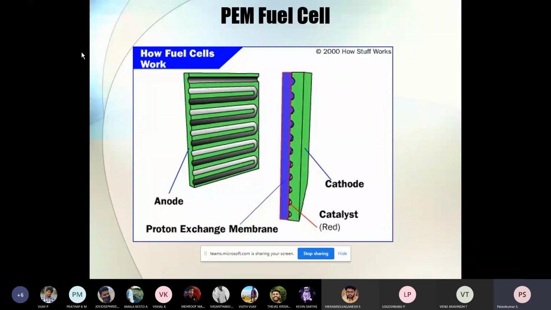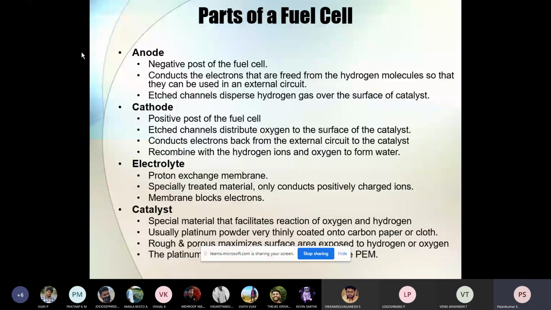So how a fuel cell works: here we have an anode, a cathode, and apart from that a catalyst and a proton exchange membrane. These are all the parts. The anode is the negative post of the fuel cell.